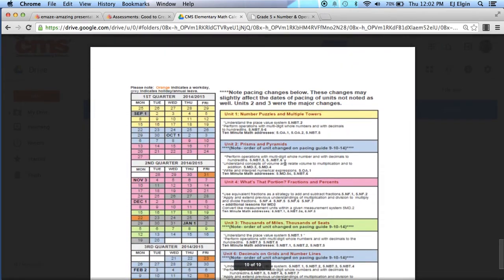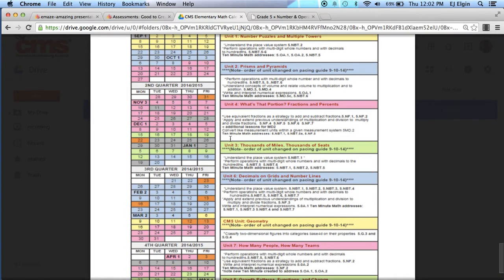Sorry if you guys got dizzy watching that. Let's go to January. As you can see, here's January 1st. And then I'm looking here. I believe I'm right on track with what the CMS suggested pacing is.